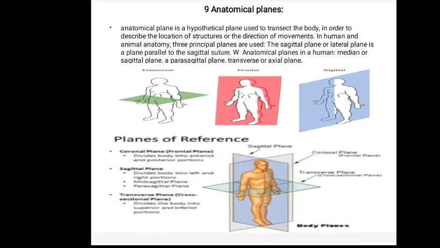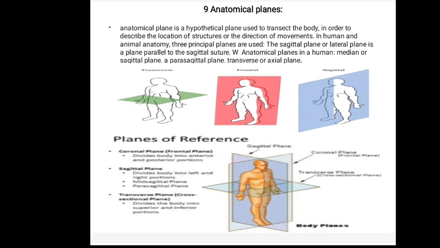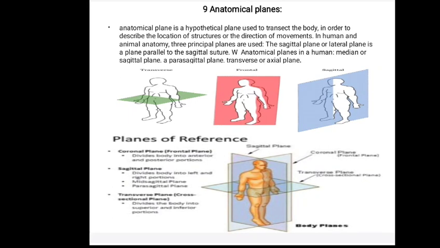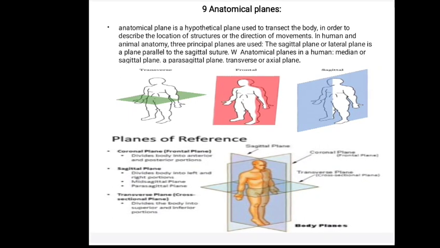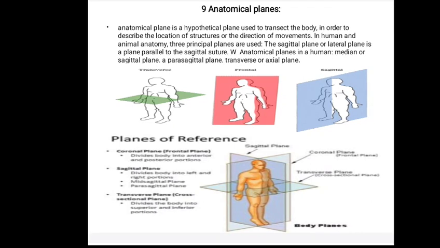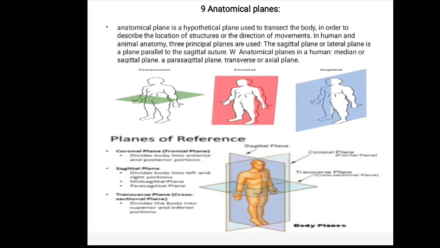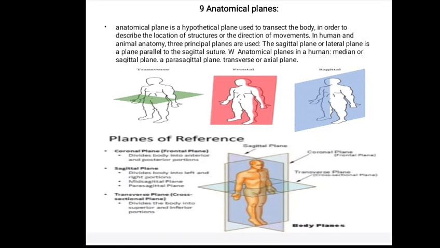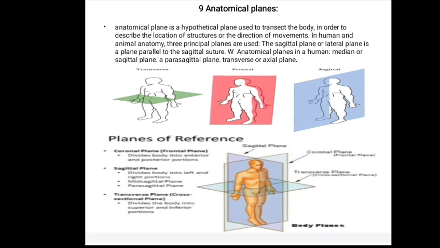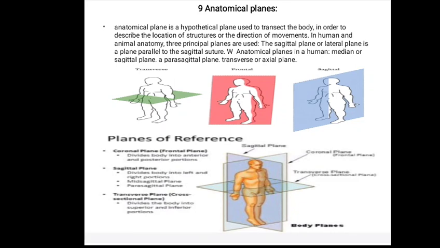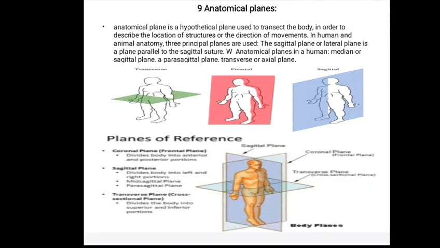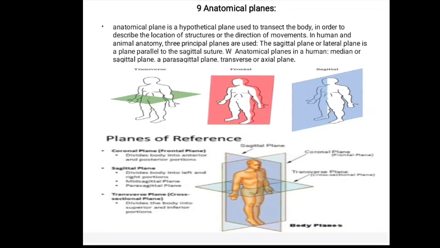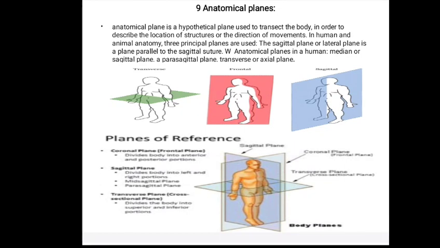The sagittal plane, that is the lateral plane, is a plane parallel to the sagittal suture. Parasagittal plane, and then there are transverse or axial planes.